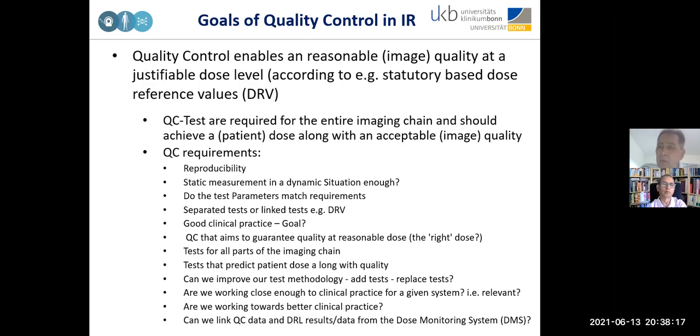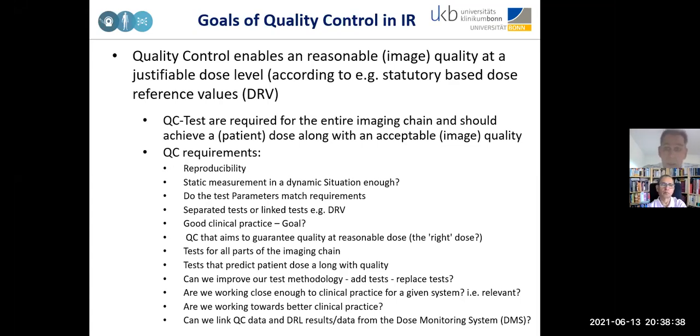Do we have to separate into static imaging or linked imaging? So do we just check the entire system while moving, or do we separate the X-ray tube and then test the detector separately, or do we have to link them?